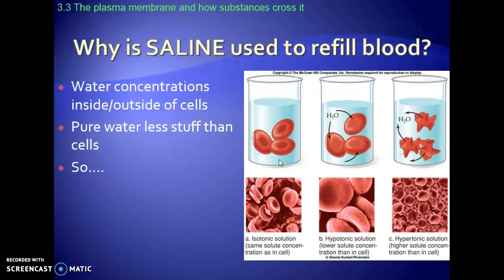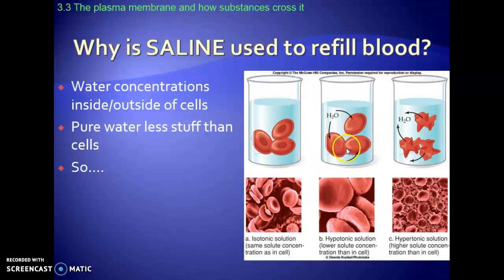But if you put the cells in a hypotonic solution, the hypotonic solution shows that there's lower solute concentration in the liquid rather than the cell. What's going to happen is the concentration of the water outside the cell is greater, and so the water is going to move into the cell to try to maintain equilibrium so that the water and the salt concentration are equal.